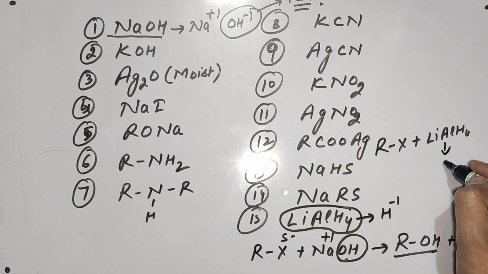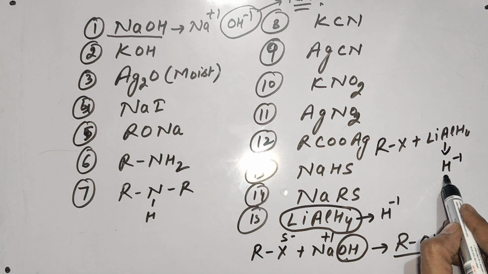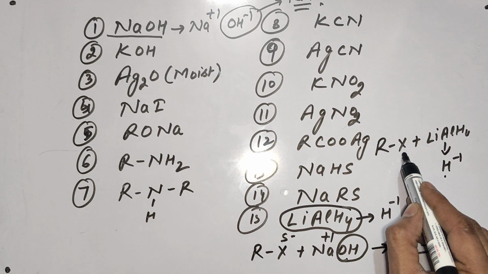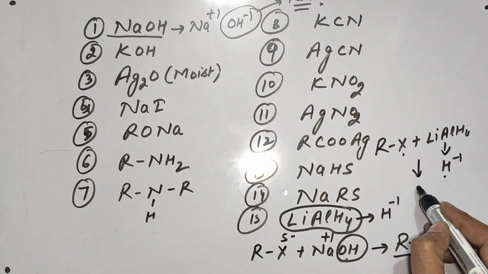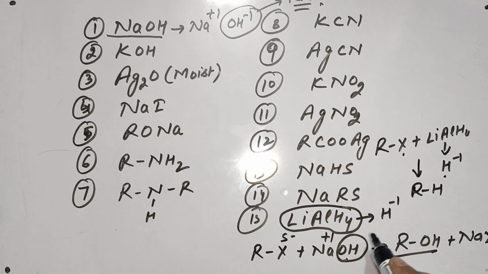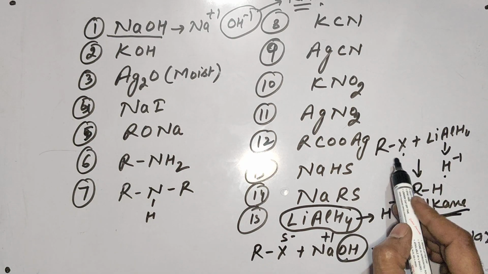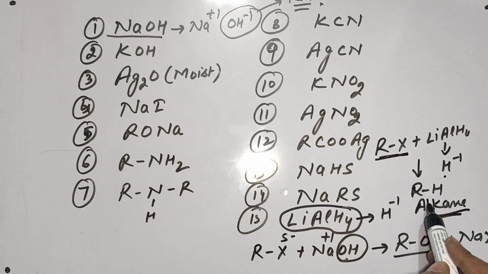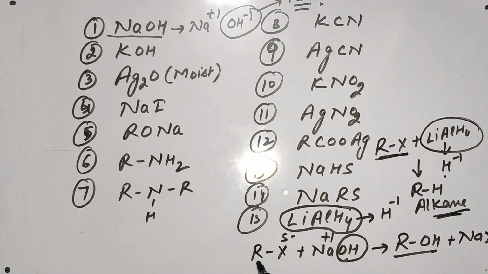So lithium aluminium hydride will provide H negative, and this H negative is a stronger nucleophile as compared to X. Means hydride will substitute X. The new compound generated will be RH, an alkane. Means from haloalkane we can make alkane by reacting it with lithium aluminium hydride. From haloalkane we can create alcohol by reacting it with sodium hydroxide.